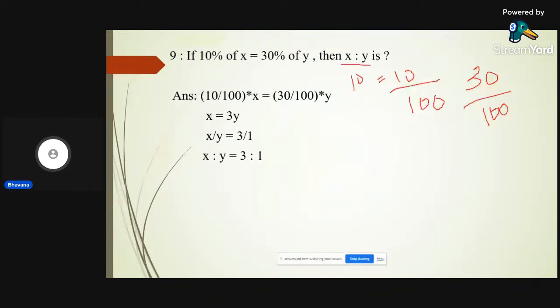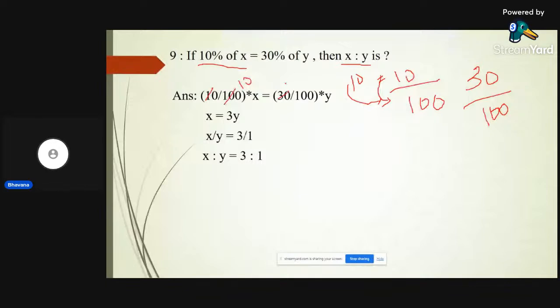So 10% of x means we multiply, right? Using the normal format, we convert the percentage into normal form and multiply. Just divide 10 by 10 and 30 by 10, and cross multiply.